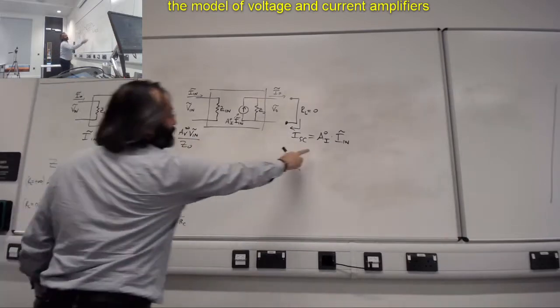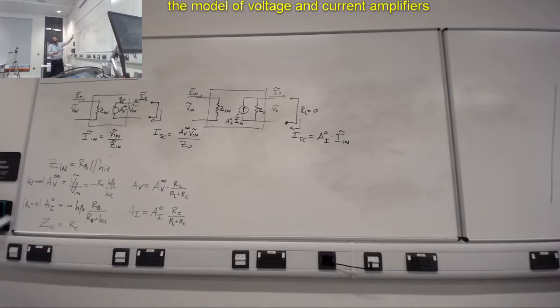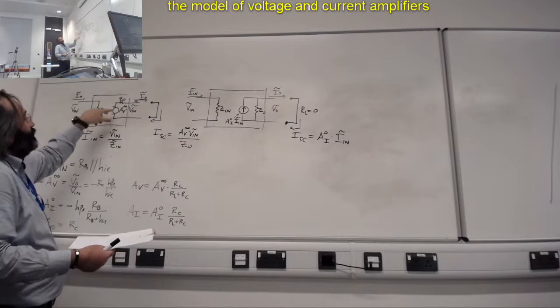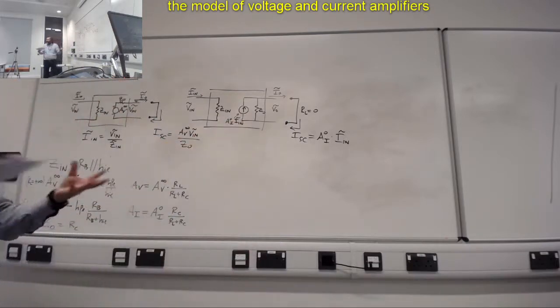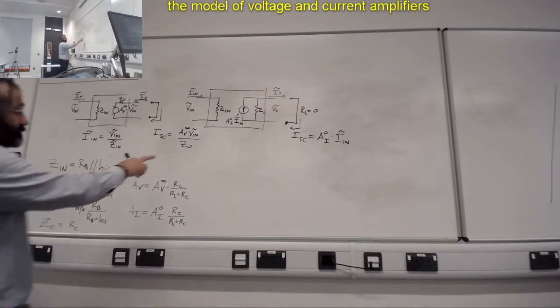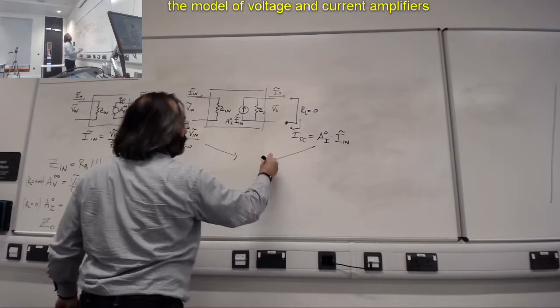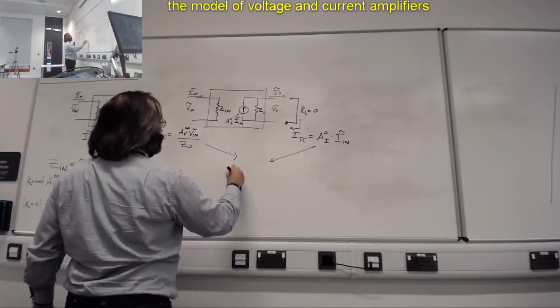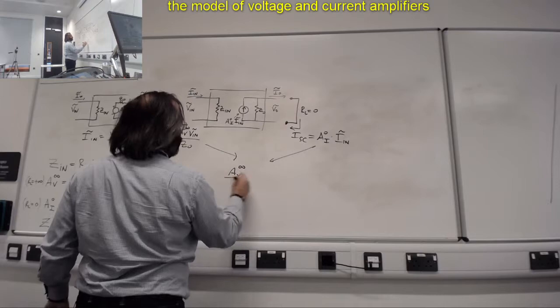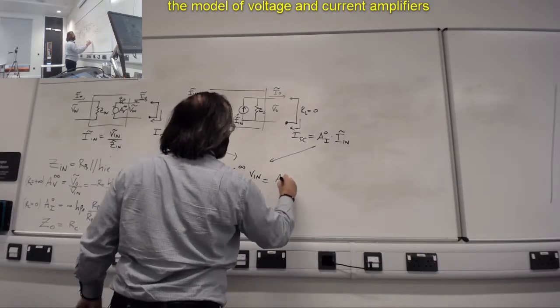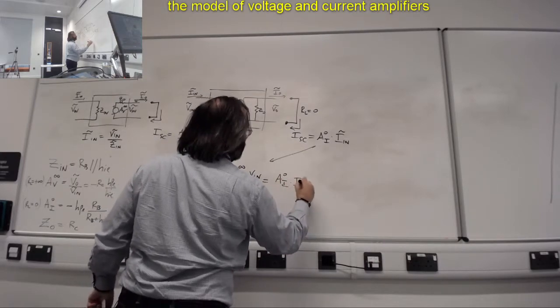These two have to be the same, because this is the black box, and it is the same. It's just our way of interpreting things, that we assume in here is AV and there is AI, but inside the black box is exactly the same thing. So by combining them, you can write that AV infinite over Z output times V in must be equal to AI 0 times I in.